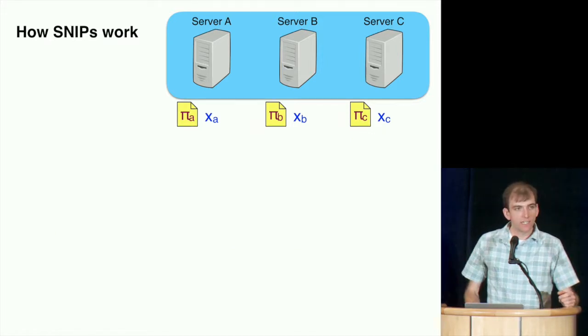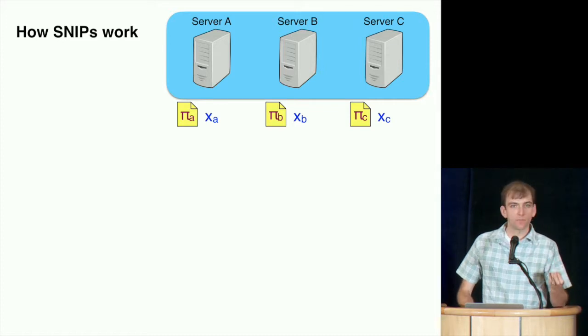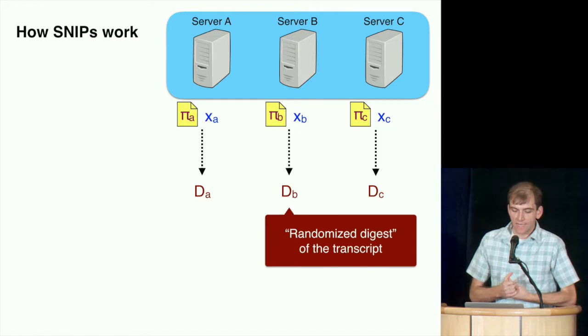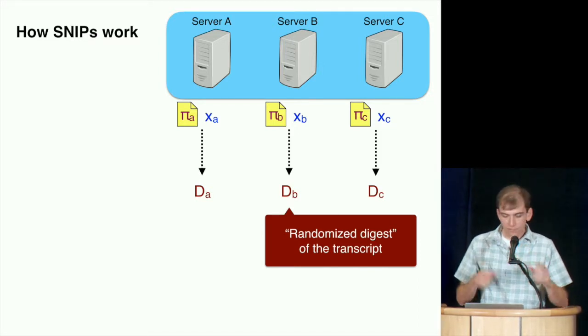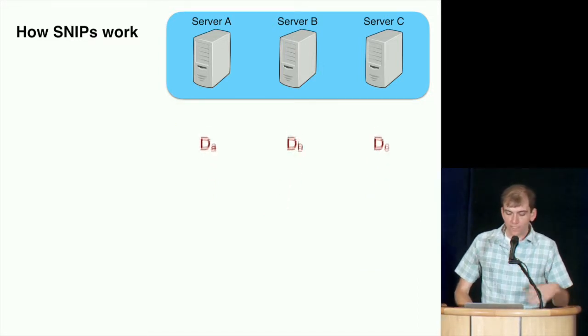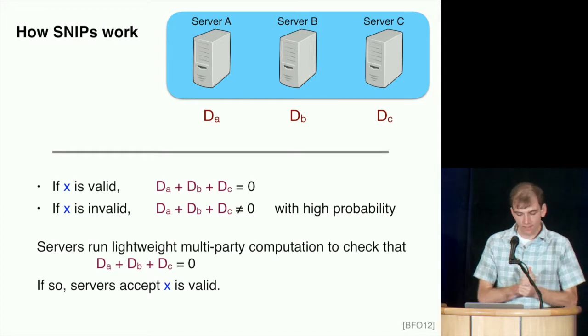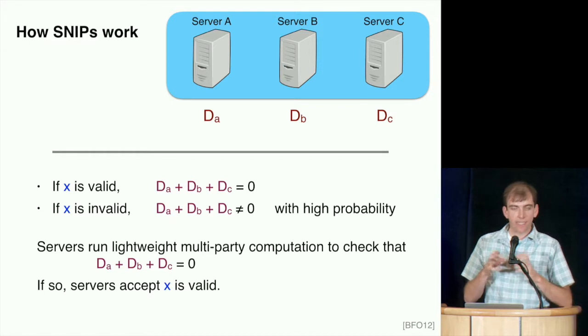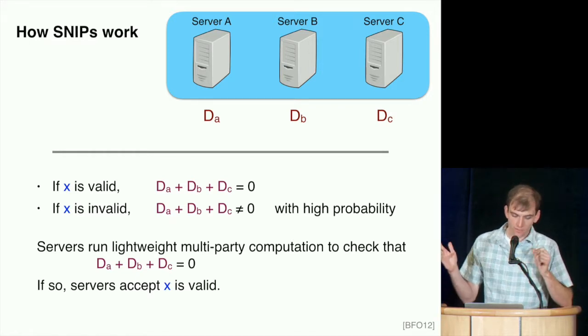At a high level, the way the checking works is the servers are able to compute something like a randomized digest of the transcript. These randomized digests have a special structural property, which is that if X is valid, these digests will all sum to 0. If X is invalid, then it's very likely that the digests will sum to something non-zero.